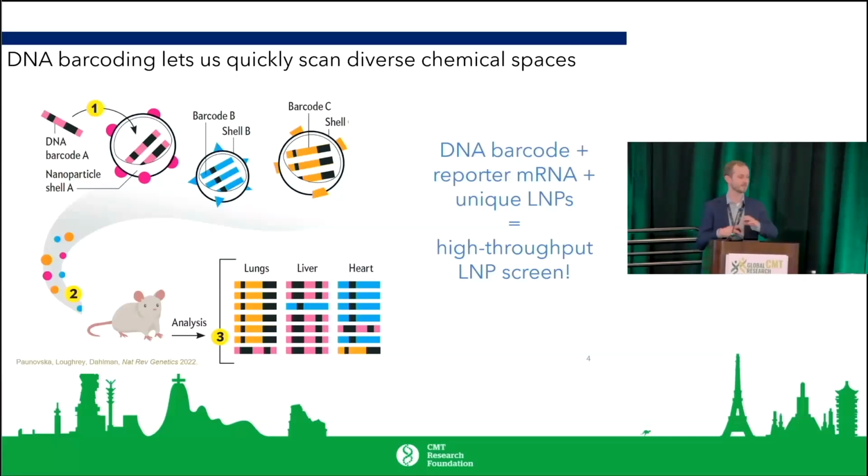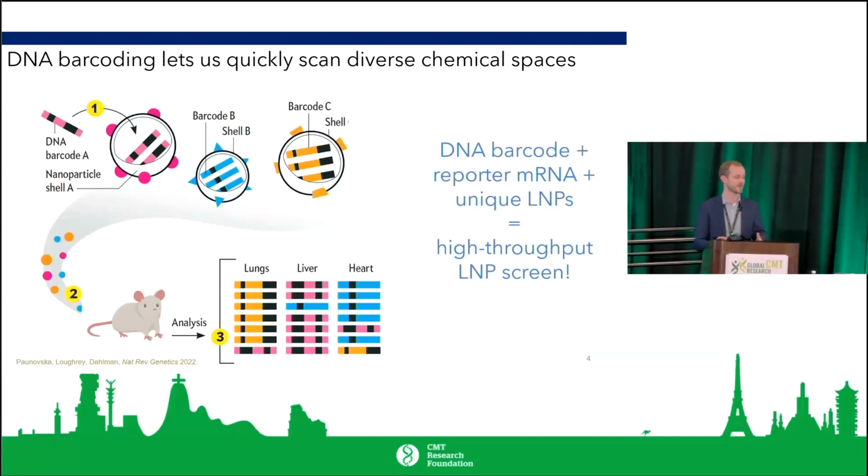We can then pool these libraries together and inject them into mice. We can then look at cells in a variety of different tissues across the mouse to identify where there was functional delivery, so where reporter mRNA was turned into reporter protein, and then profile the relative abundance and presence of different barcodes to backtrack which particles went where and where they work.